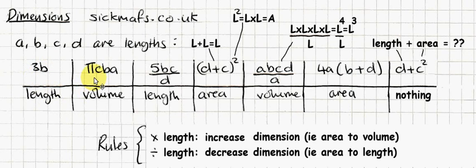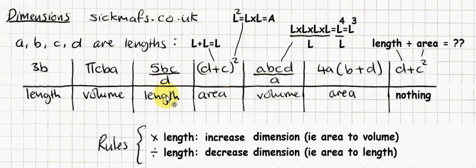Second example: we've got a number, a length, and a length. I've got three lengths timesing each other, so a length times a length gives you area, times a length gives you volume. Times a number does nothing. Remember, pi is a number, it's not listed here as a length, so you've got a volume.